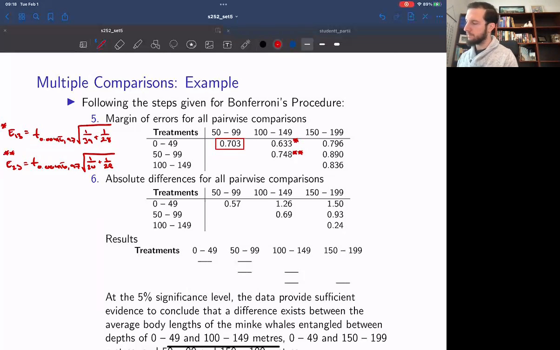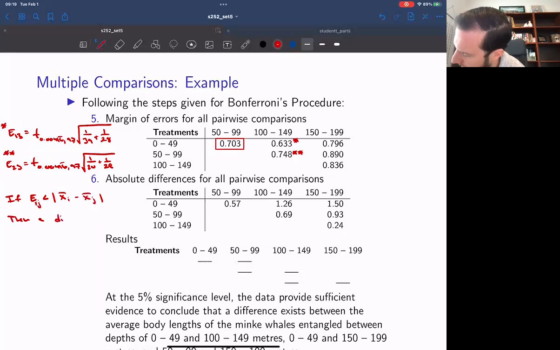Okay, the last thing I'll do is I'll just make a note. If Eij is less than the absolute difference between X bar i and X bar j, then a difference exists.